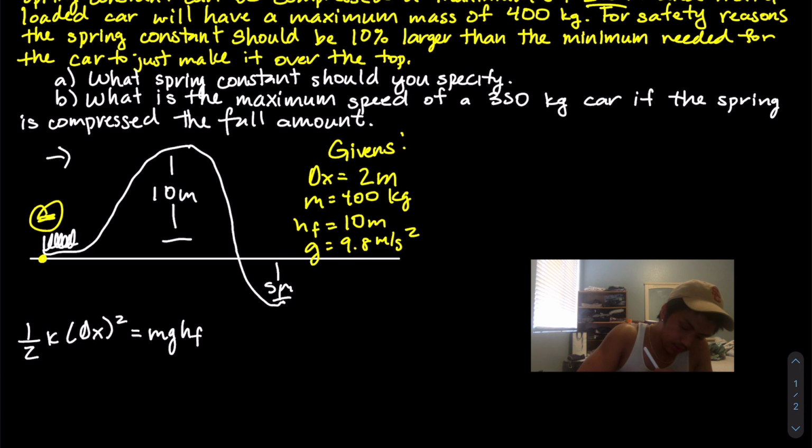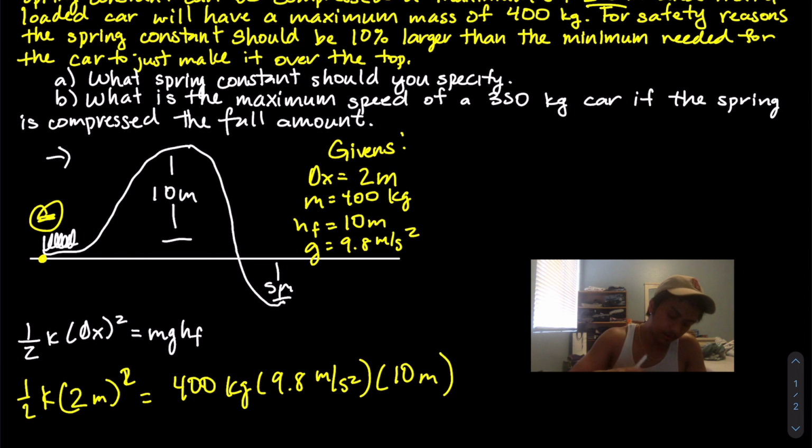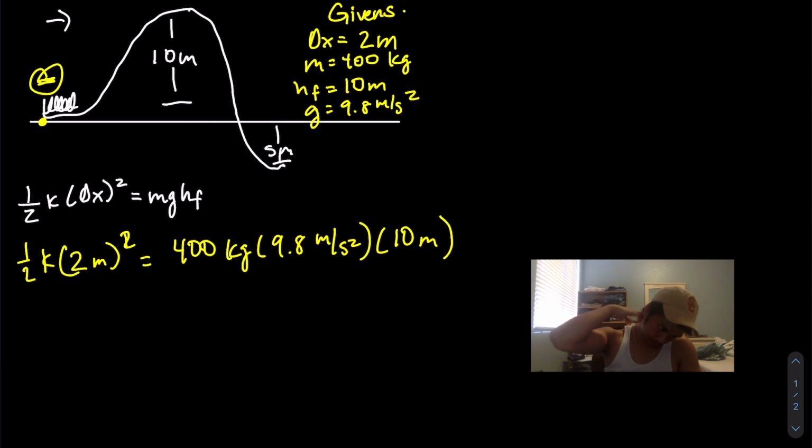So you'll have delta x squared, so 2 meters squared, and that will equal 400 kilograms times 9.8 meters per second squared times the height final, which is 10 meters. Here you'll have 2 times 2 is 4, and 4 divided by 2 is 2.